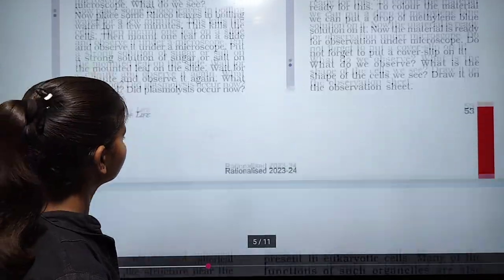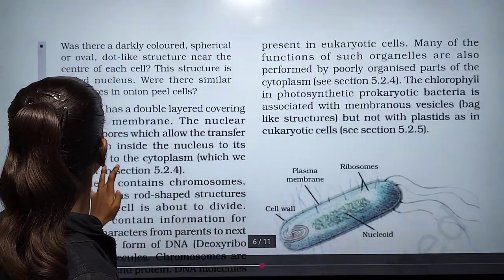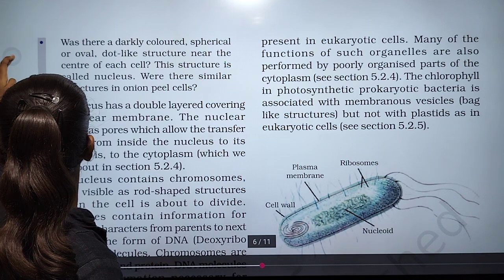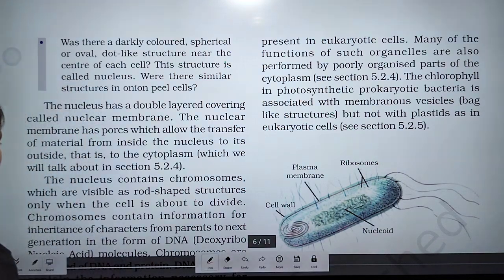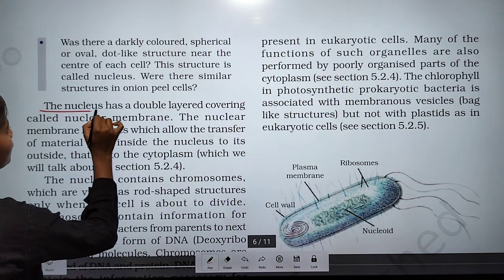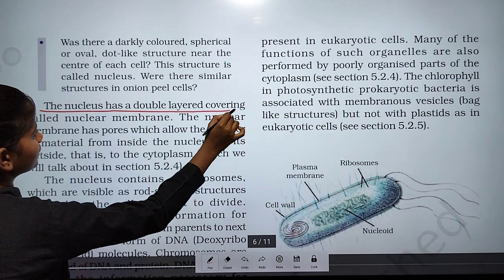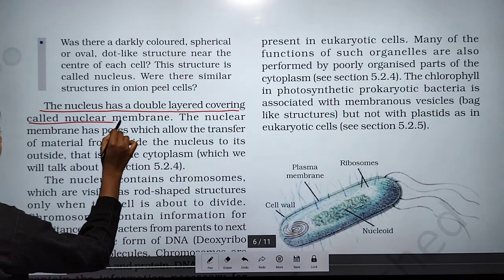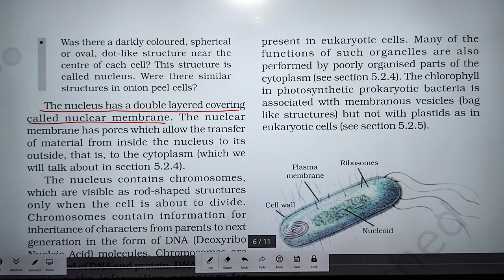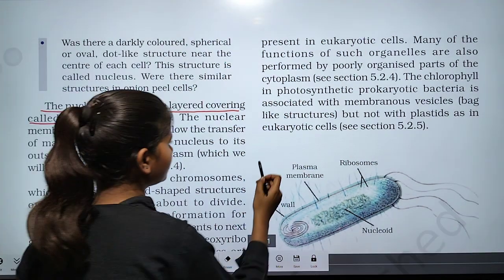So here is an activity. The nucleus has a double-layered covering called the nuclear membrane. The nucleus is a double membrane bounded organelle.